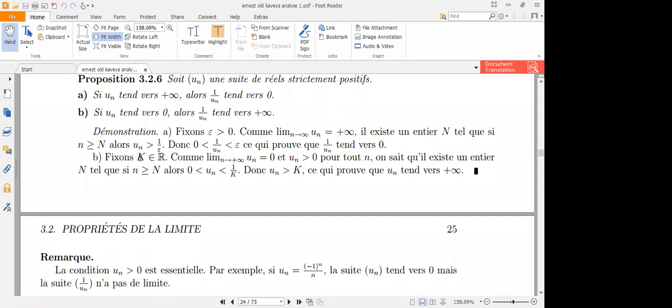Anybody? It represents a number. I think it represents the maximum. Yes, exactly. The maximum, yeah. That's what your K is. And the maximum normally should be a member of real numbers.